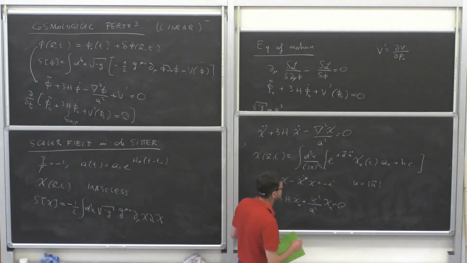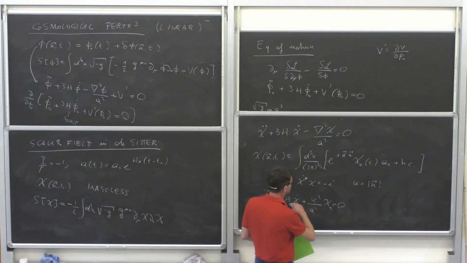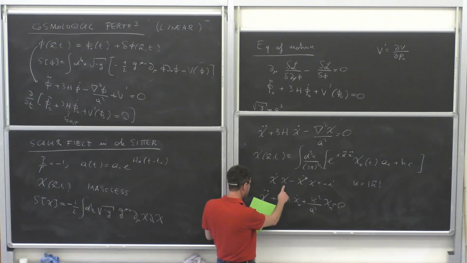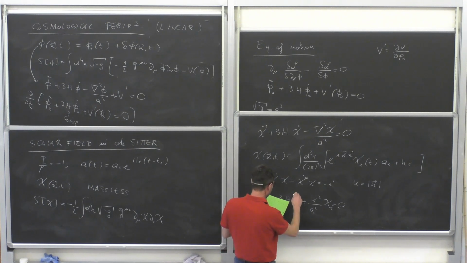Let me just, so chi dot chi minus chi, no, there is no chi here, because this is a scalar field which is not complex, in fact.